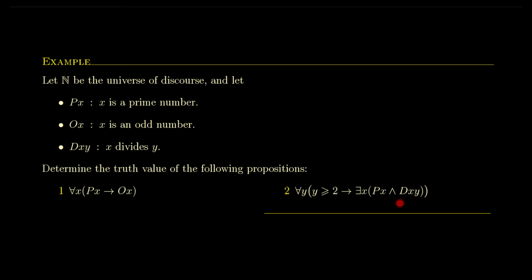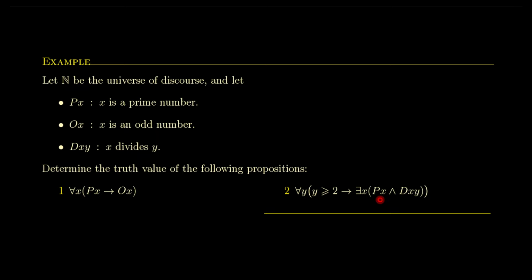I have written in the text that this is a proposition, but can you see that? x is a bound variable because it comes immediately after the existential quantifier, and y is a bound variable again because it comes after the universal quantifier. Okay, so I hope that you see this structure. I want you to go through it yourself and determine if they are true or false based on what you have learned previously in mathematics.